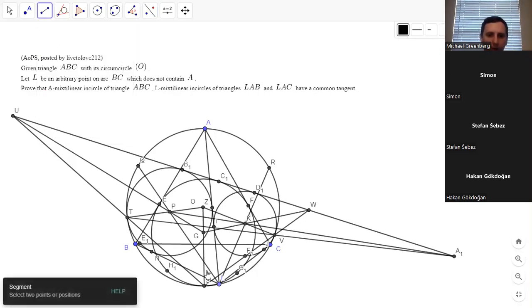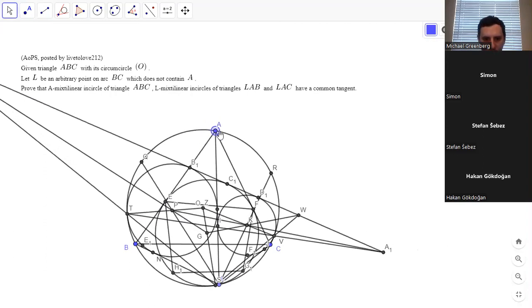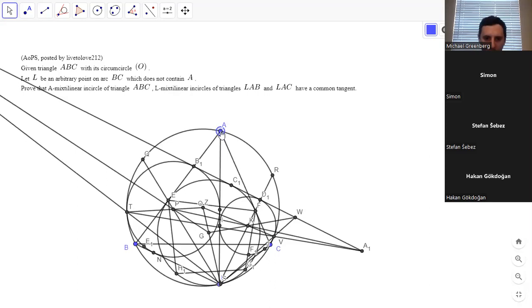So G1 and H1 all lie on this circle. Is there something special about this? Almost looks like a trapezoid, right? Maybe that's obvious, I'm not sure. But no, it's not a trapezoid.